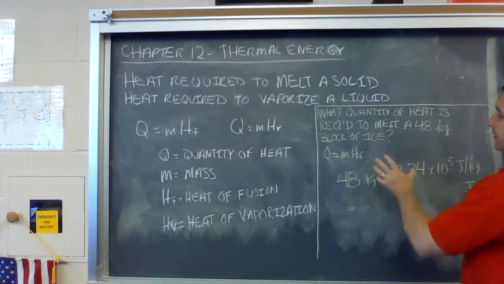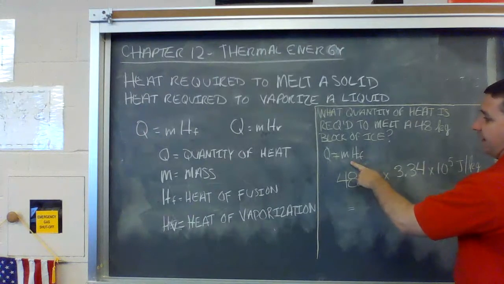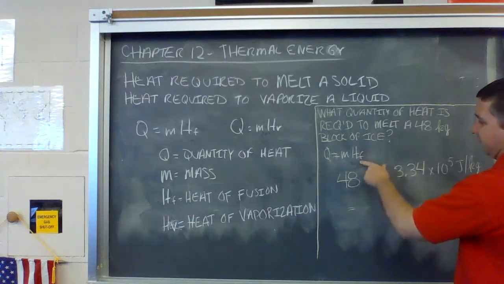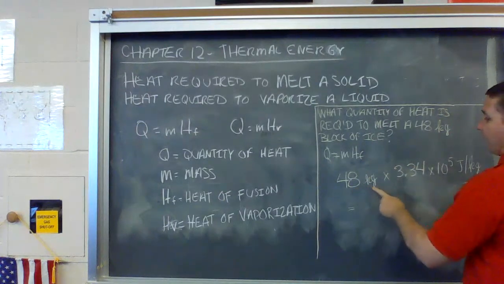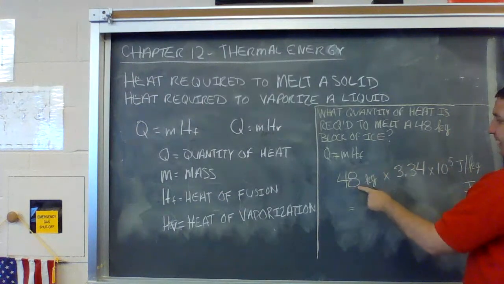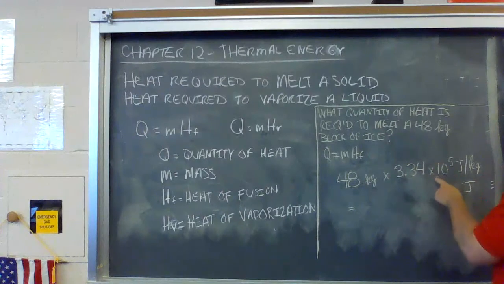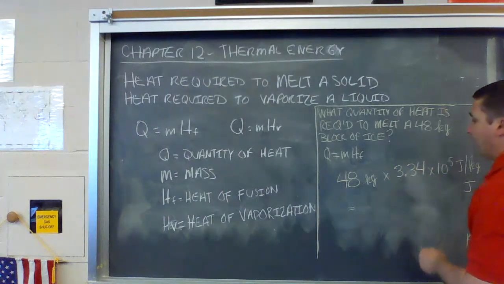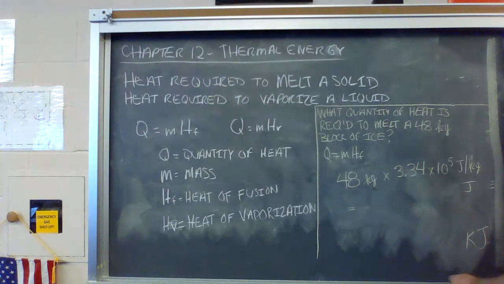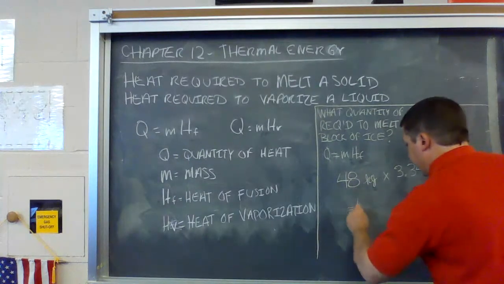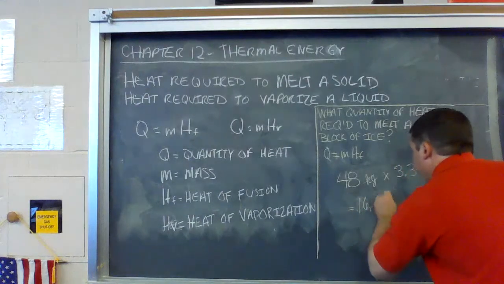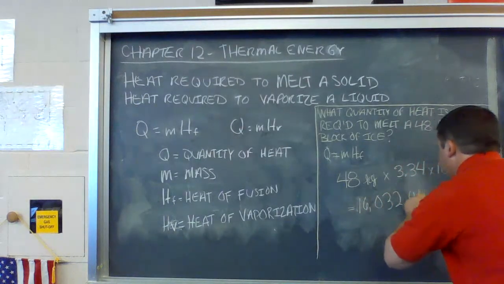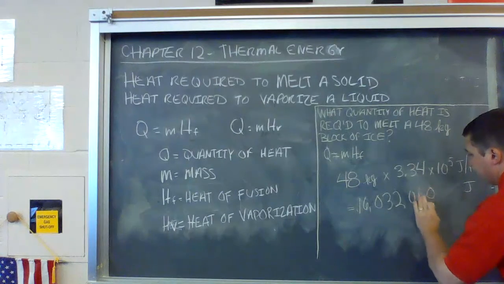Since we're talking about melting something, we're going to use the heat of fusion constant. So we take 48 kilograms, which is the mass, times the heat of fusion. Again, this number is provided for you. When you do that, it's going to be exactly 16,032,000 joules.